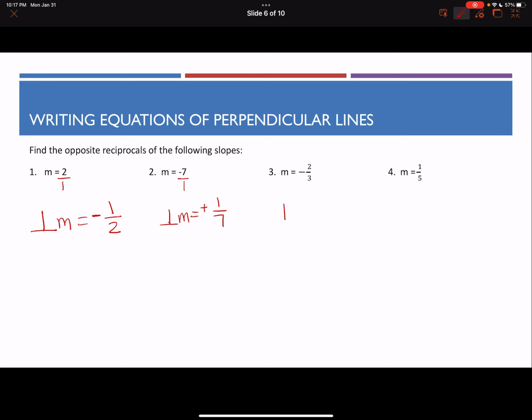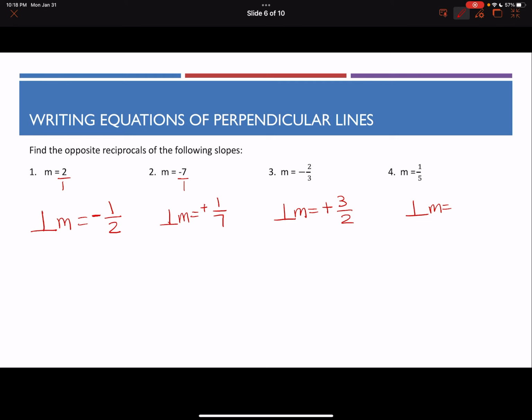Number 3, the perpendicular slope, I flip the fraction, change the sign. So it's negative, I need to change it to a positive, and 2/3 flips to 3/2. So positive 3/2. And then number 4, again, perpendicular slope, change the sign, flip the fraction.